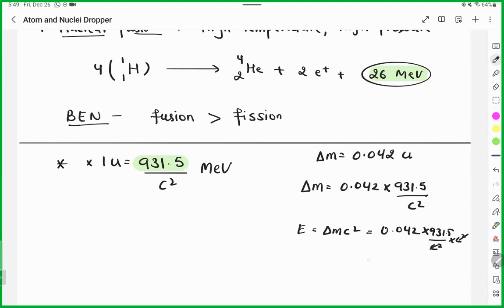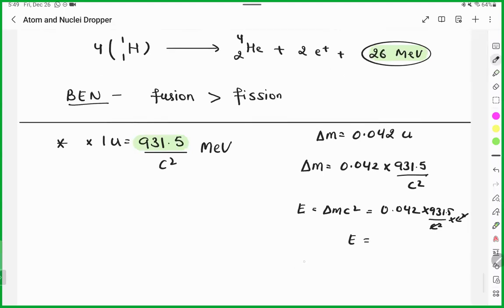This will be cancelled. You have to do direct calculation. This will be the total binding energy. Once you get total binding energy, then binding energy per nucleon will be total energy, around 40, divided by 7. Then it will be approximately 6.